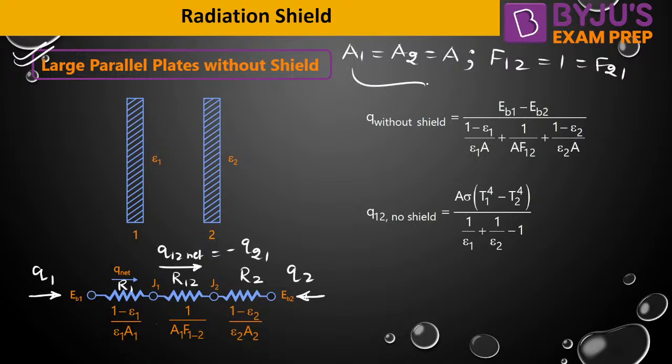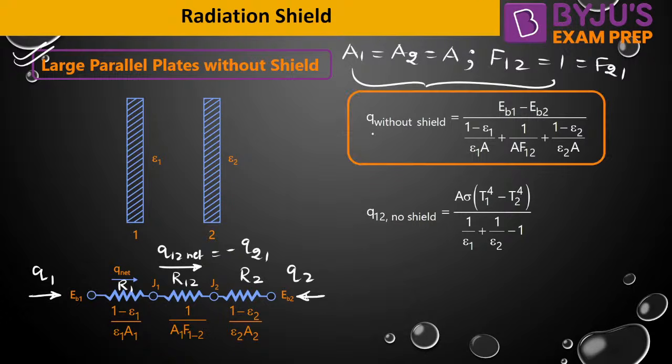So if we put the values of A1, A2, then we will get Q without shield in watt as EB1 minus EB2 upon this expression.